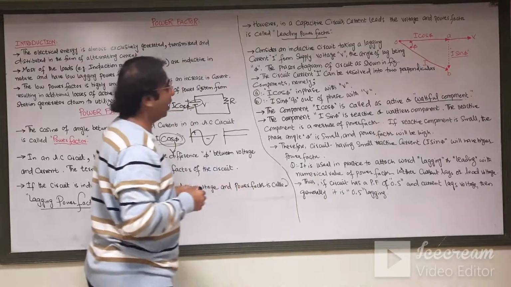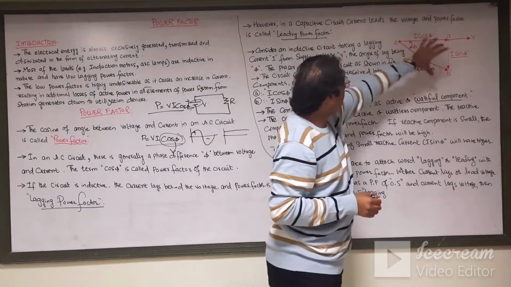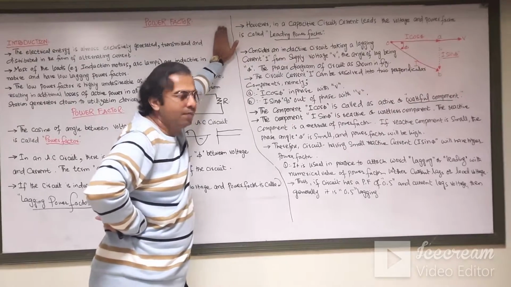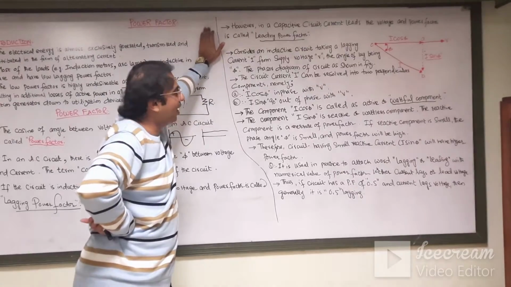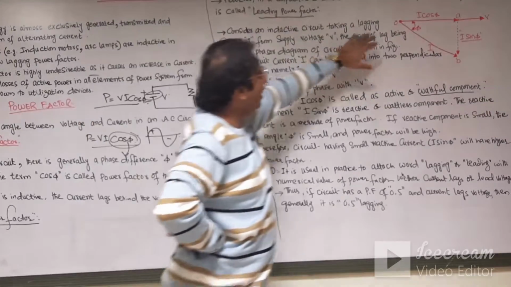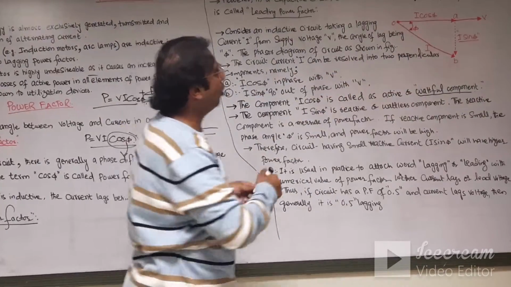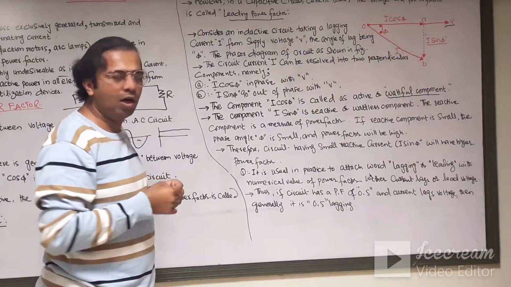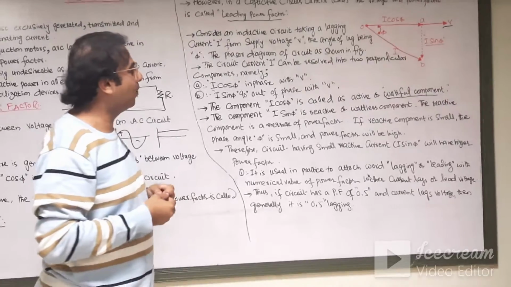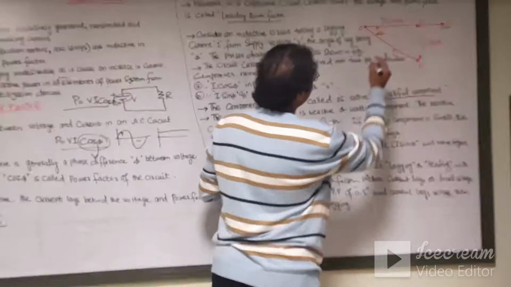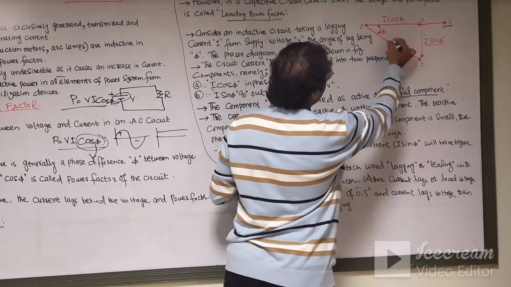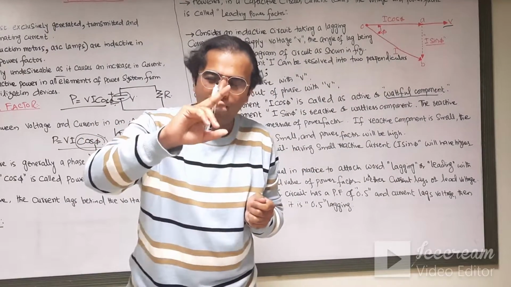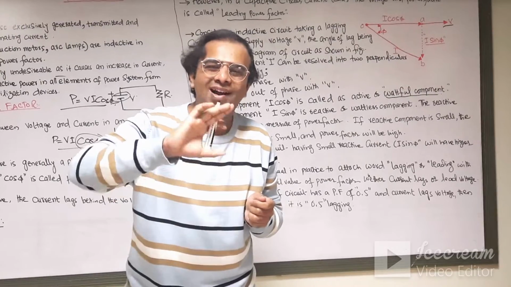Okay. Now this is our phasor diagram of the inductive circuit. This is the inductive load, in which the voltage leads the current at the angle phi, which is normally 90 degrees. See, the voltage and current are not in phase with each other, both are out of phase.